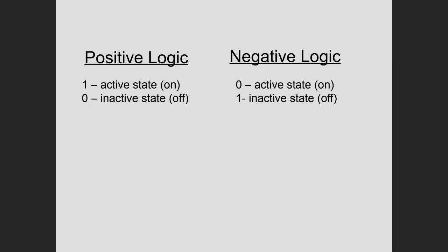So the active state would be a 1, and the inactive state would be a 0, or the true state would be a 1, and the false state would be a 0. And then negative logic just reverses that. And like I said, I've been into this stuff for a long time, and I've never, ever seen this in use. So I probably could take that slide out.